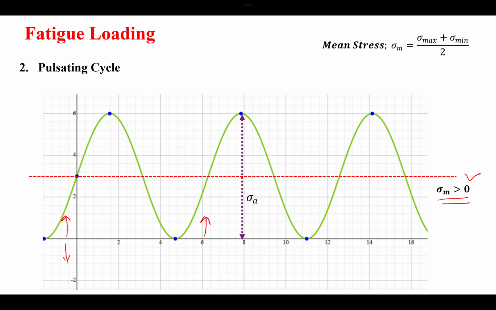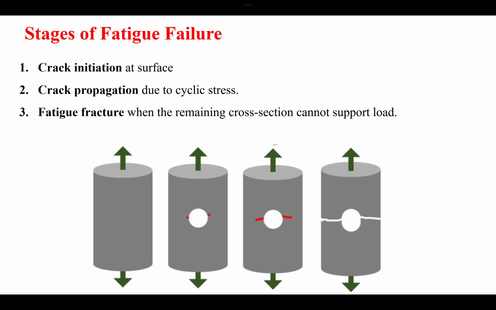But in a pulsating cycle, the sigma mean will always not be equal to 0. Also, you can get the amplitude. In this case, it would be from the mean position, whatever the distance is from the 0 axis.